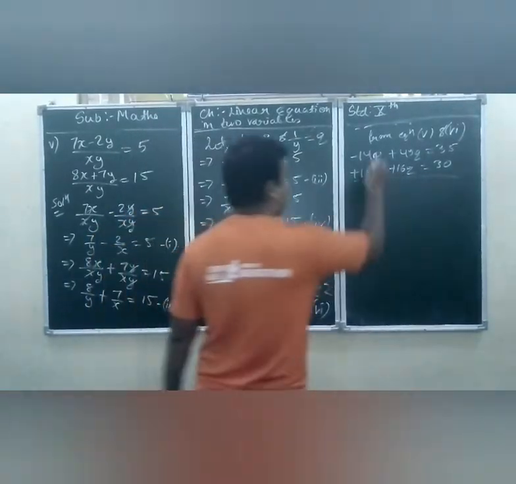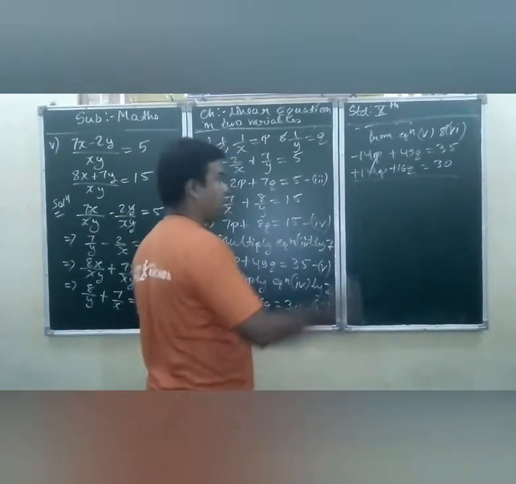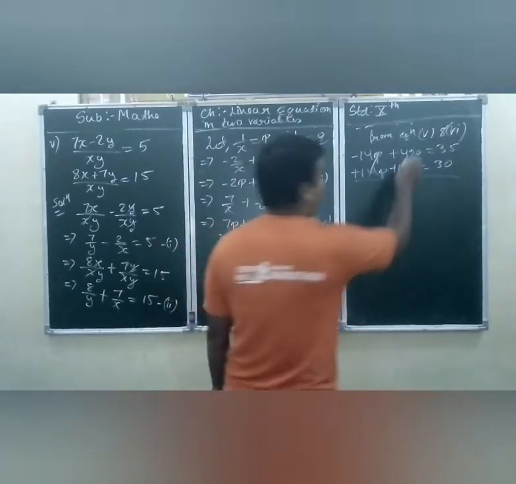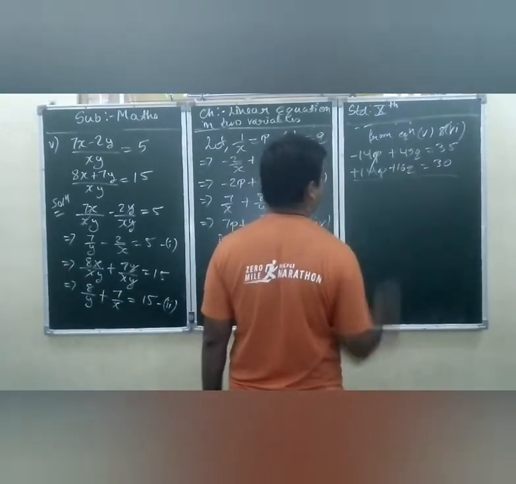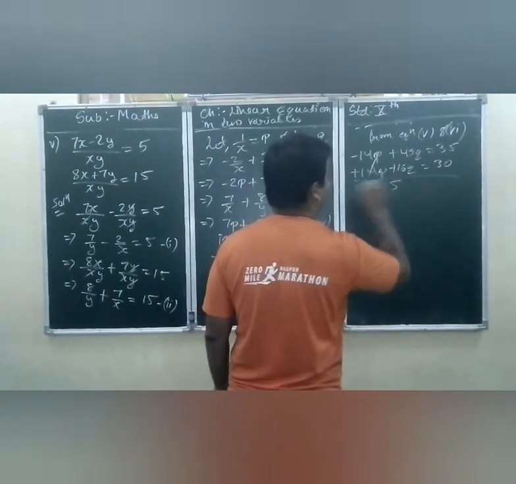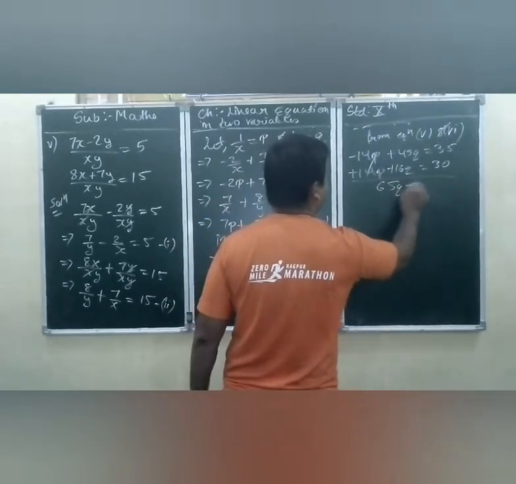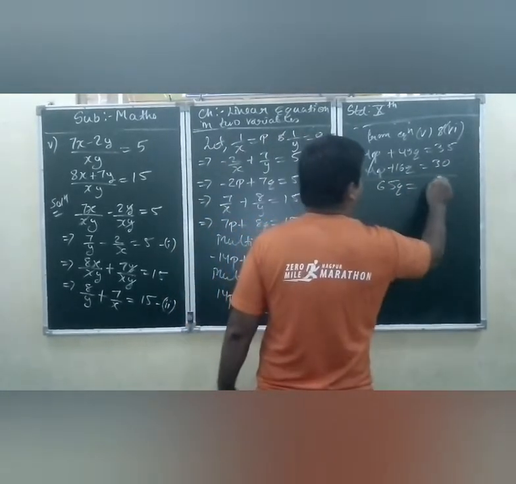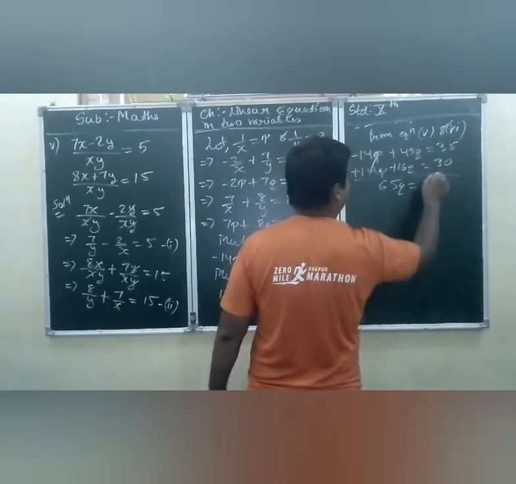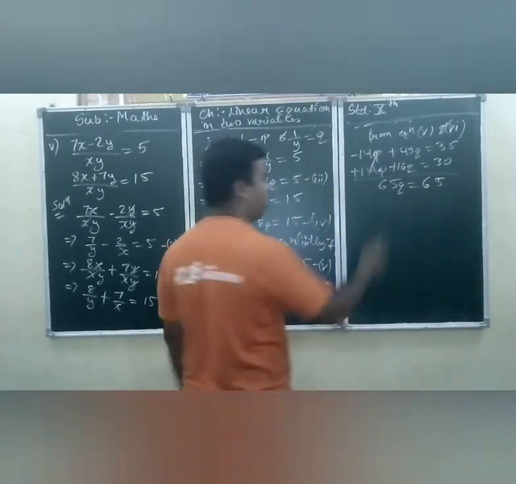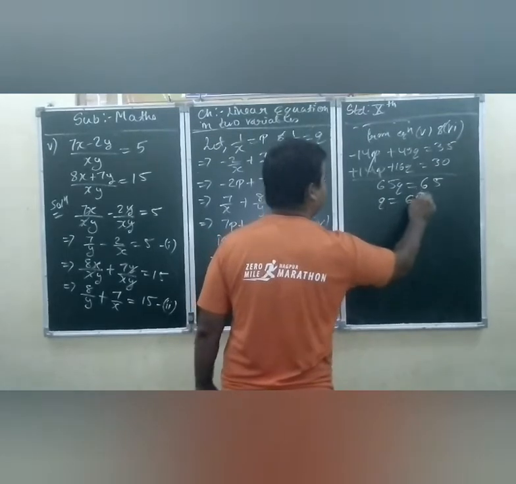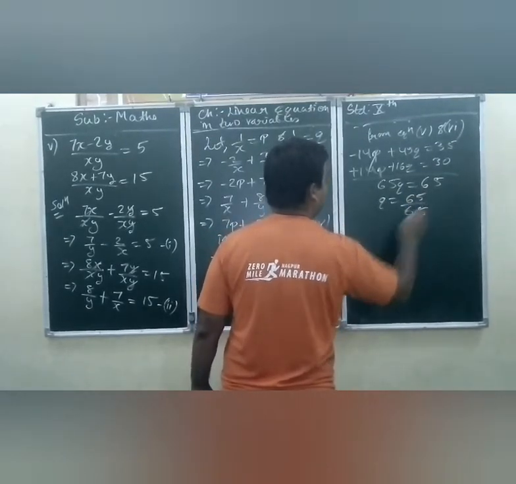So 14p and 14p cancel because same term. 49 plus 16 is 65q, and 35 plus 30 is 65. So q is equal to 65 divided by 65.